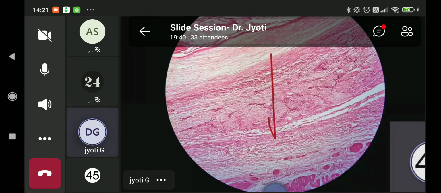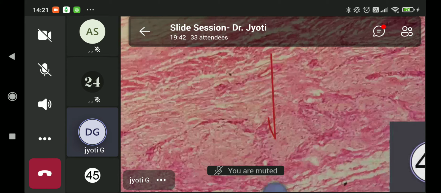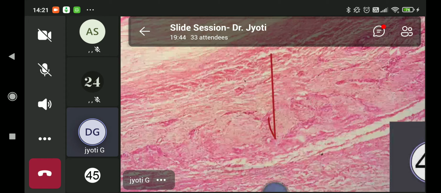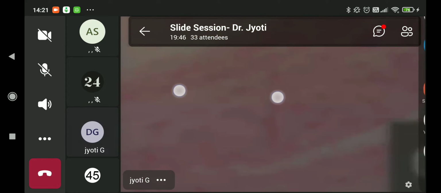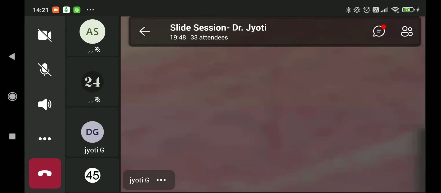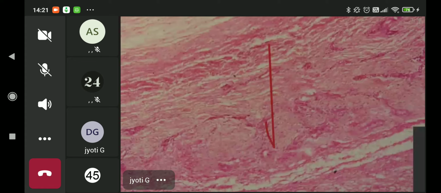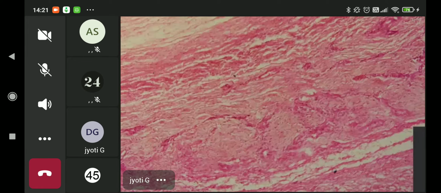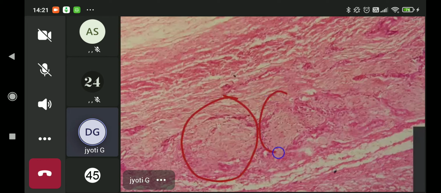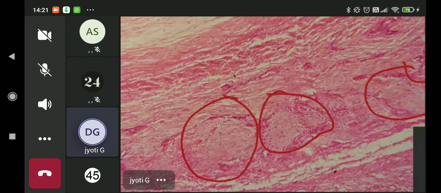Trying to magnify and show you exactly that. Can you make out these? Like they have a shape to it. Can you make out there's some structure that I've marked in the outline?